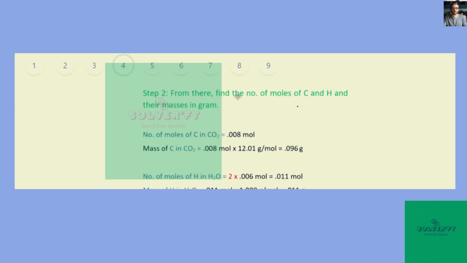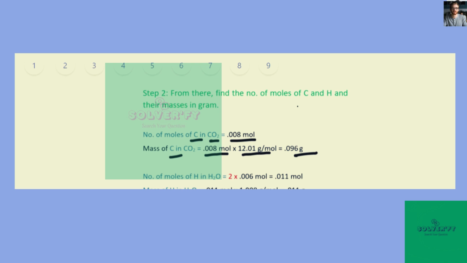In this way, we can find the number of moles of carbon in CO2, which is basically the same as the number of moles of CO2. From this number of moles of C, we can find the mass of C in CO2 by multiplying the number of moles of C by the molar mass of C.